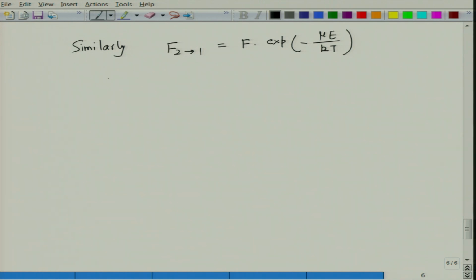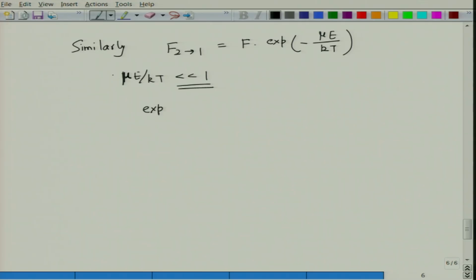However, we say that mu E by kT is sufficiently small, and this is verifiable. Mu is nothing but Q dot D. If you put in some approximate magnitudes of mu, Q and D, and then the value of E, this turns out to be smaller than 1. So, for all practical purposes mu E by kT is smaller than 1.